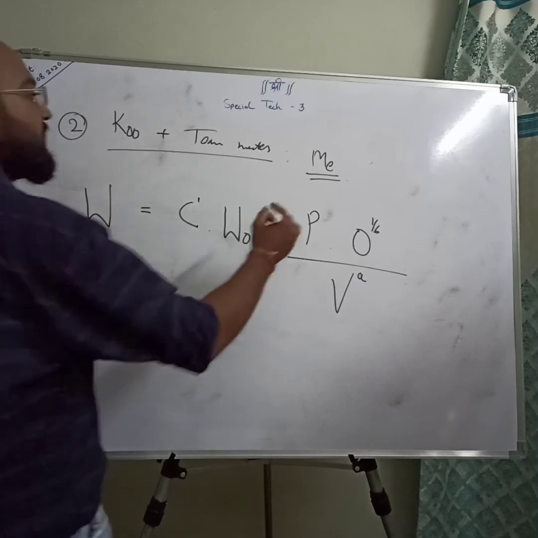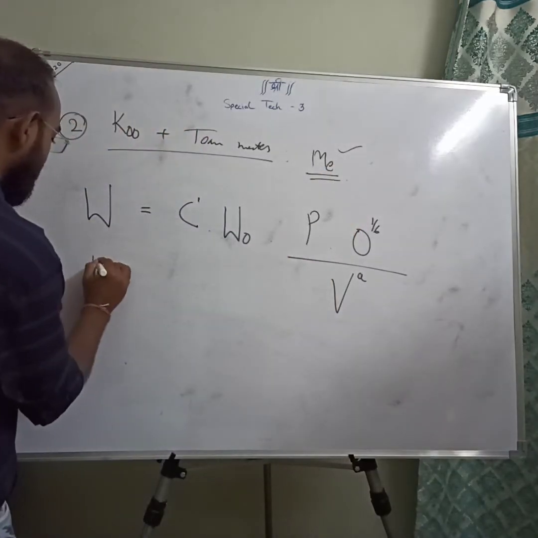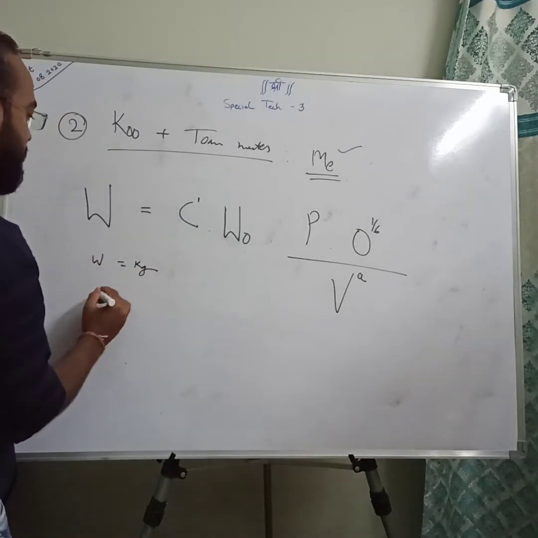After mechanical extraction, the quantity of oil you get is capital W, that is weight in kg.